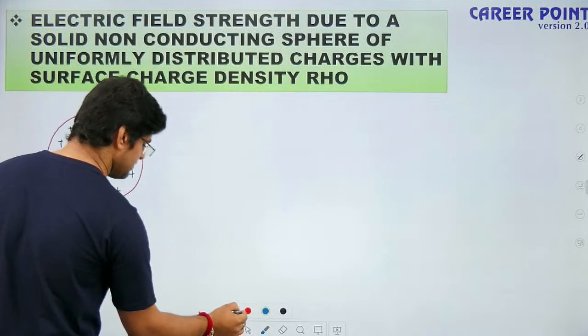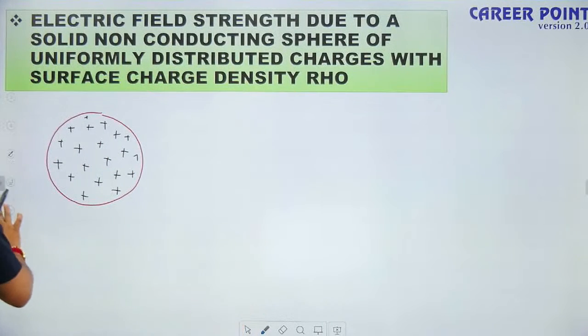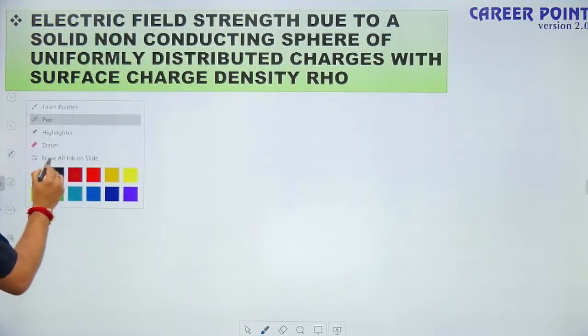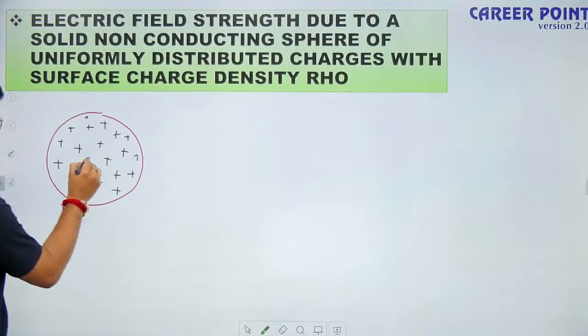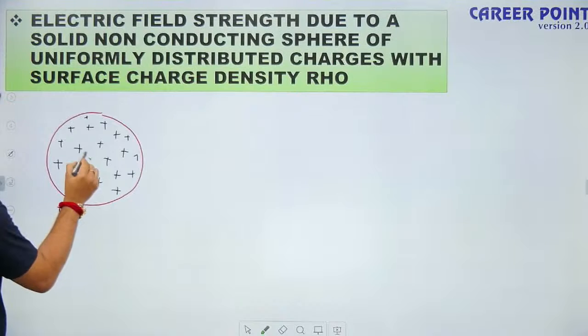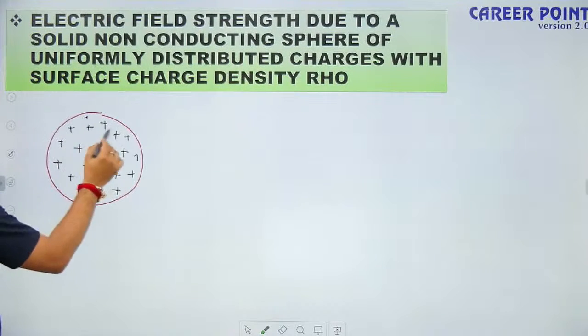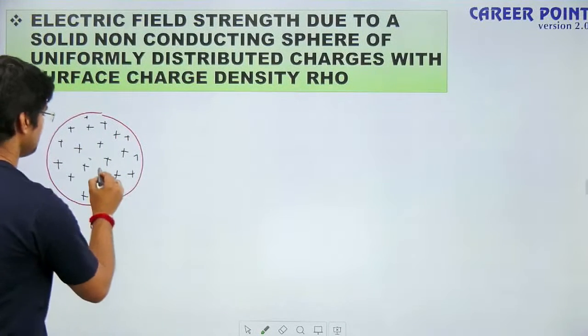Let me mention the points like this. Let's change the color to green. I am taking different points. This is the center of the solid sphere.